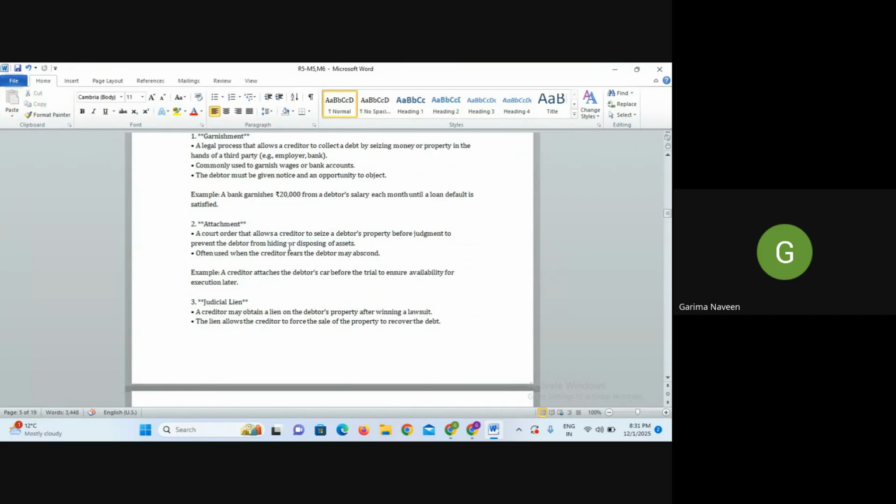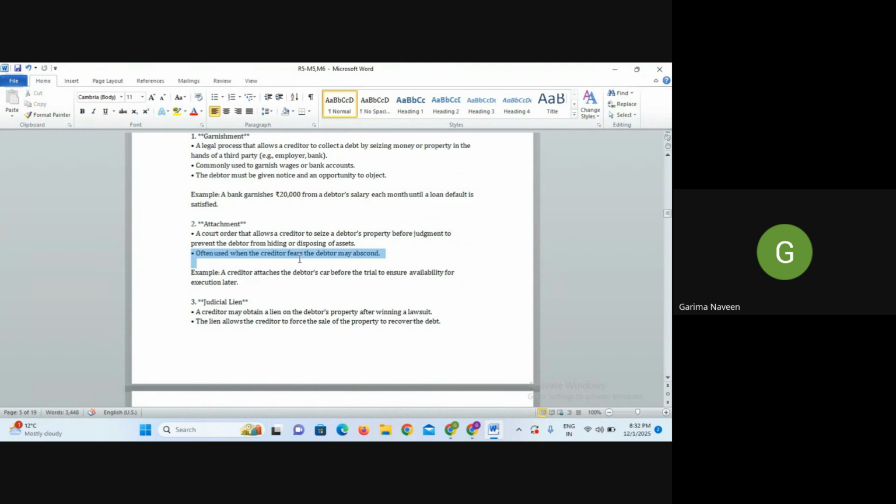So what happens? A debtor can hide or dispose of their assets so that they cannot be taken by the creditor. In order to prevent this, the creditor has a right to seize the debtor's property even before going to court, before the judgment, because the debtor might hide these assets so that they do not have to give them back to the creditor.